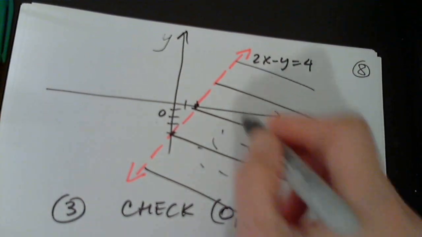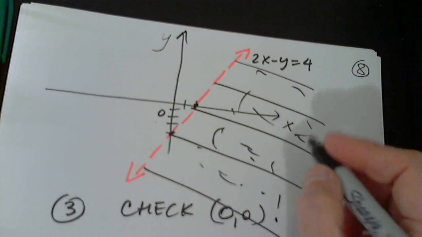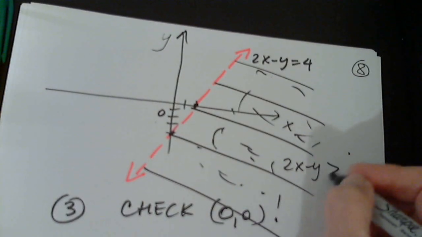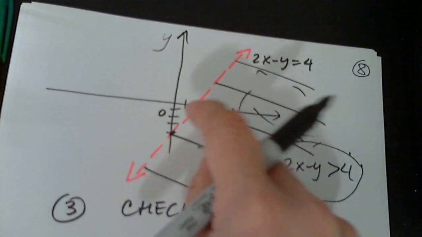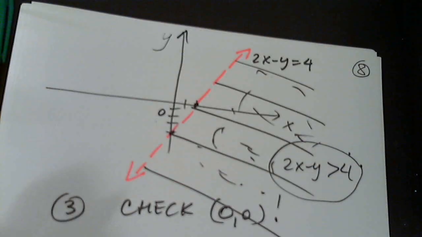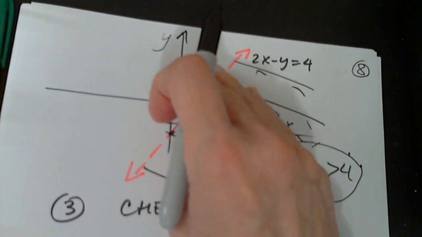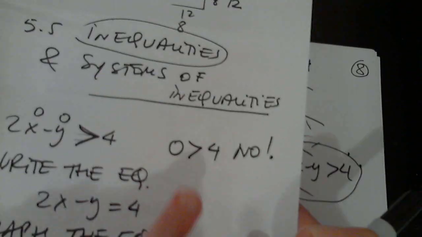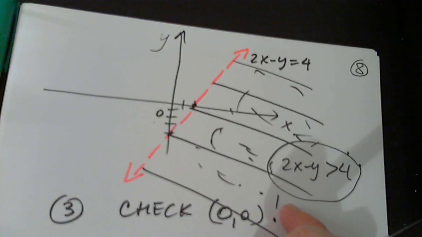All points here make up the solution to 2x minus y greater than 4. Not here. I checked. If I had obtained a true statement, I would have chosen this area, all points here. But because I got a false statement, I have to choose the opposite.